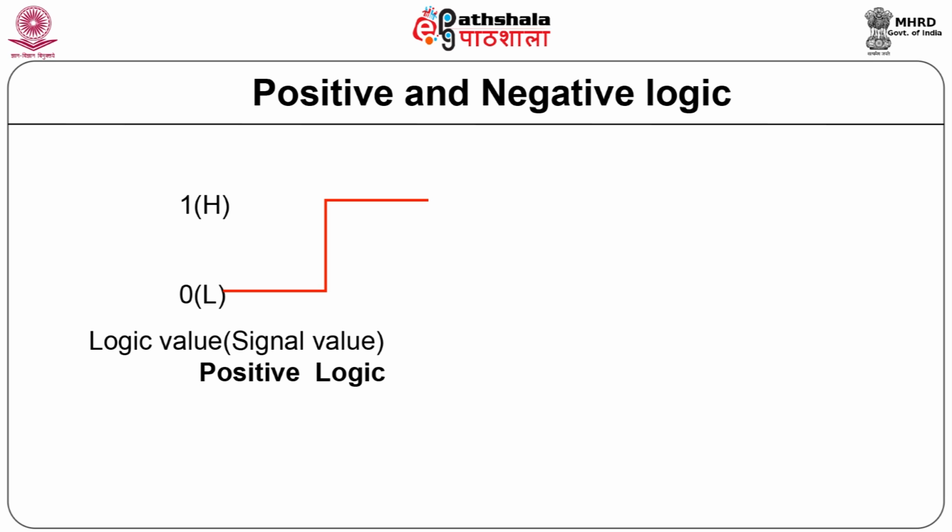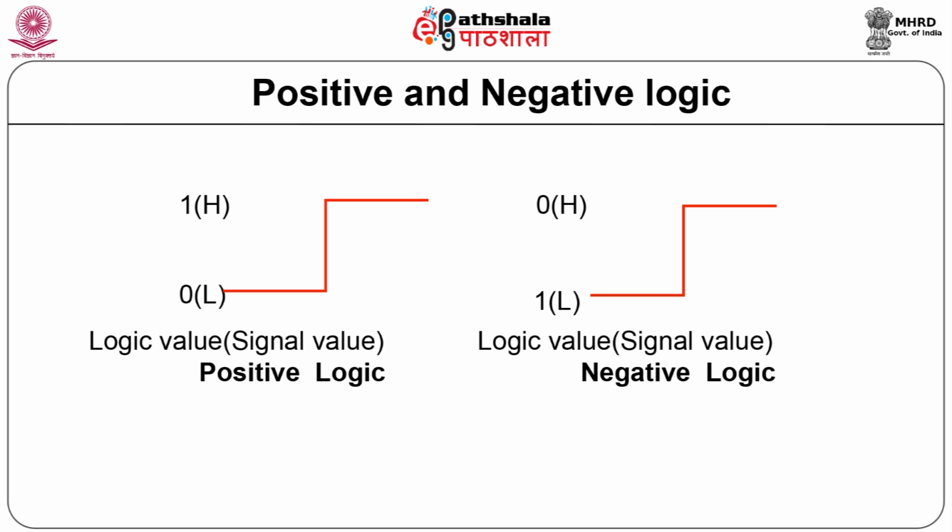For positive logic, you can see that the logic value is 0 for low and 1 for high. And for negative logic, the logic value is 1 for low and 0 for high.